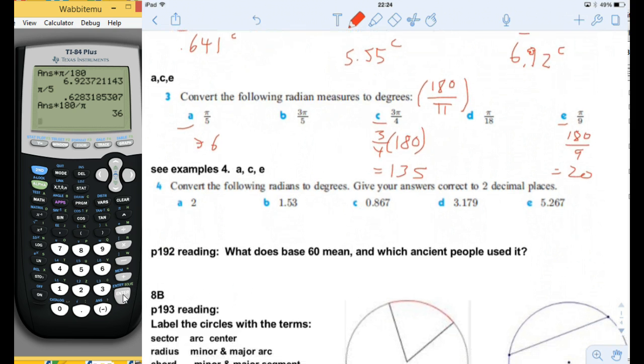But I do need the calculator to do these, right? Because these don't have pi in them. So I'm going to put 2 radians, and then I'm going to convert it by multiplying by 180 divided by pi, and get 115 degrees. 0.867.